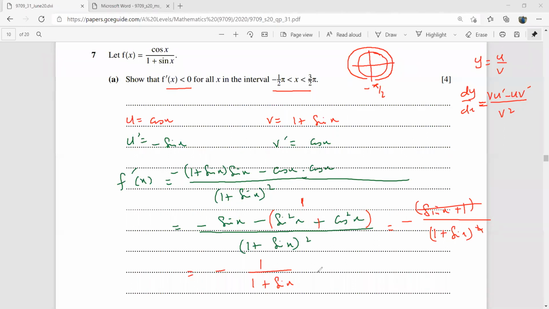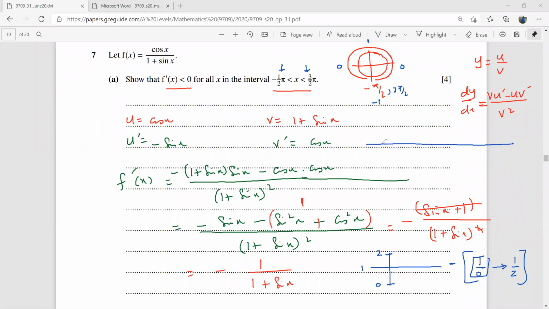Acha bachcho, within this from minus pi by 2 to 3 pi by 2, the values of the denominator 1 plus sine x are going to be like at this minus pi by 2, this is going to be infinity, but this is not inclusive, okay?